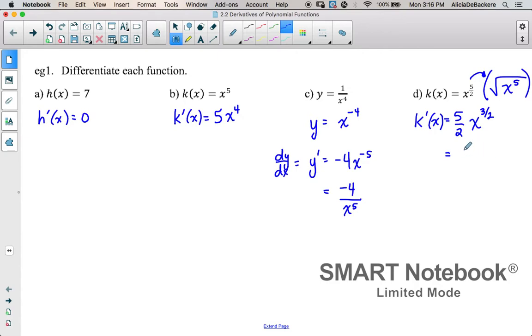So I will rewrite this as 5 halves and then it's the square root of x cubed. Other versions of this, you could write 5 times the square root of x cubed over 2. And again, the cubing can come to the outside here on either one of these, that's fine. So either one of those answers is fine.